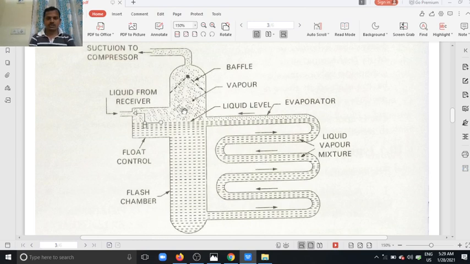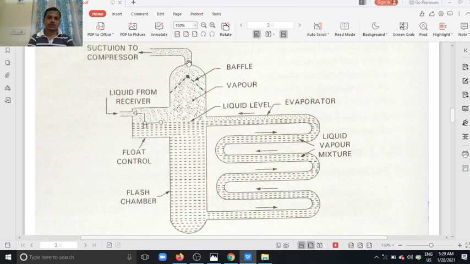So this flash chamber separates the vapor and liquid refrigerant. In this vapor, the liquid particles are separated with the help of the baffles.